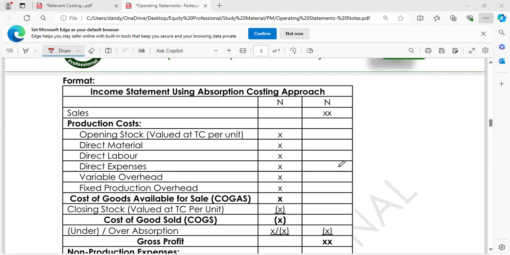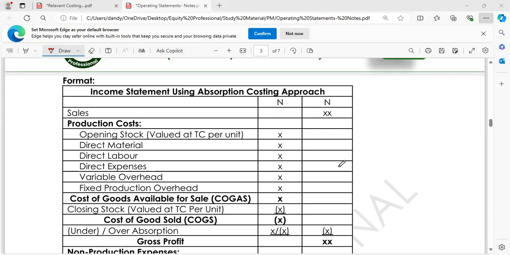Generally, when the budgeted overhead or output is the same as actual overhead or output, it means that the overhead is correctly or appropriately absorbed. However, there will be some situations whereby the budgeted overhead will be different from actual overhead. When this happens, the difference is supposed to be adjusted from the cost of goods sold.